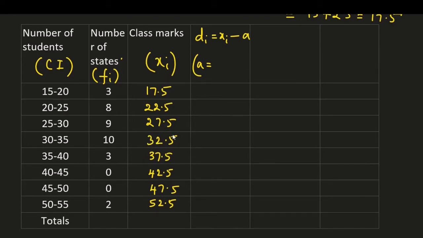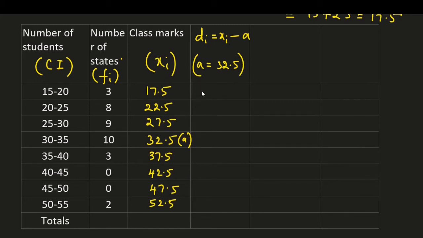Here we can take 32.5 because this has higher frequency, and also this 27.5 also has more frequency. So the mean may be near to 32.5. So let us choose this one as assumed mean. 32.5 is the assumed mean.